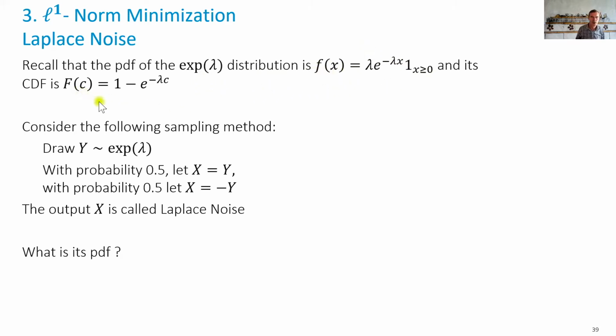And it's also well known for its CDF: 1 minus the CDF is exponential of minus lambda c, or the CDF is 1 minus exponential of minus lambda c. So the probability that the exponential random variable is larger than c is exponential of minus lambda c. Something easy to remember. So that goes exponentially fast to 0, but this is way less fast than for Gaussian, where the tail distribution is approximately exponential of minus some quantity c squared.